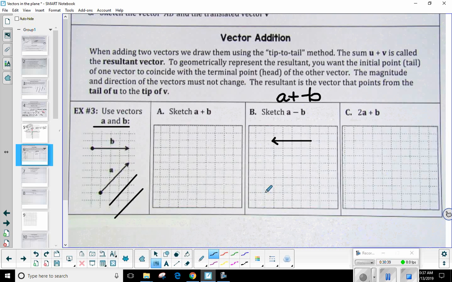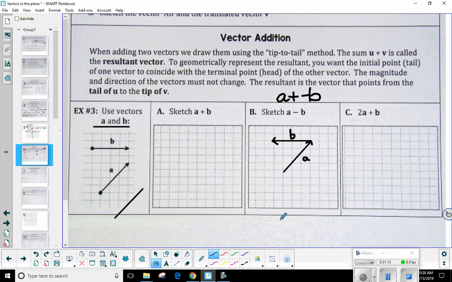Now, when I put A over to him, I just have to make sure to what? What can I put together? Two initials? Can I put two initials together? No, a terminal and an initial. So I'm going to take this terminal end of A, and I'm going to put it with the initial of B. So let's see, here is A. Here's B. Well, how do I figure out the vector that represents A minus B?